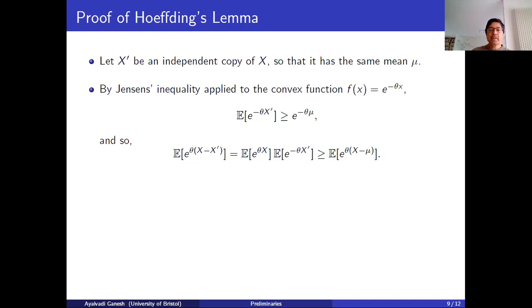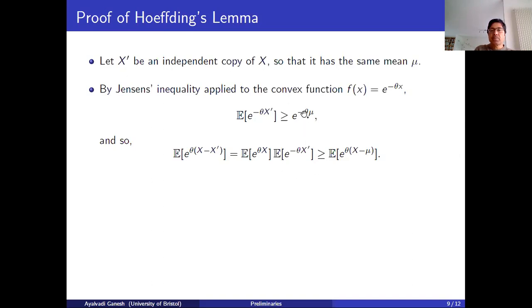And recall as well that if we have two independent random variables, y and z, the expectation of y times z is the expectation of y times the expectation of z. So using that fact, we can write the expectation here as the expectation of e to the theta x times the expectation of e to the minus theta x prime.